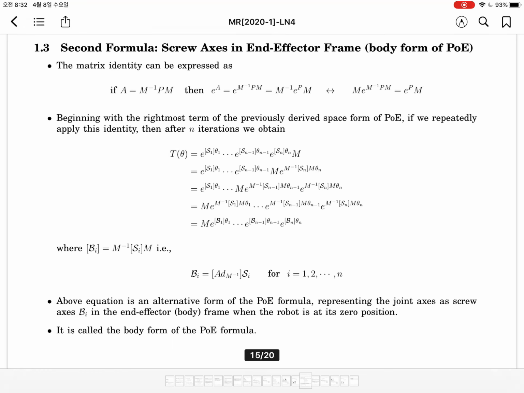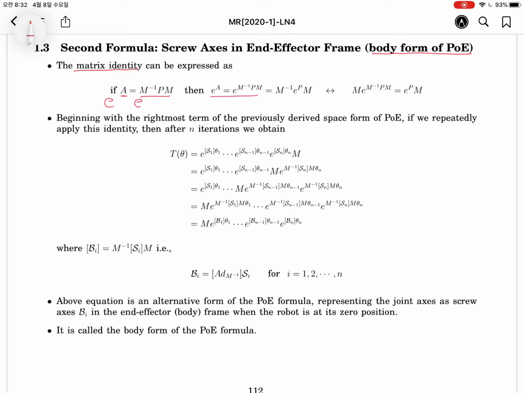Okay, now we will suggest another form. It is called the body form of POE. Okay, maybe you know in chapter 2 we have talked about the matrix identity. Any matrix can be decomposed as a similarity transformation, and then let's apply the exponential transform.